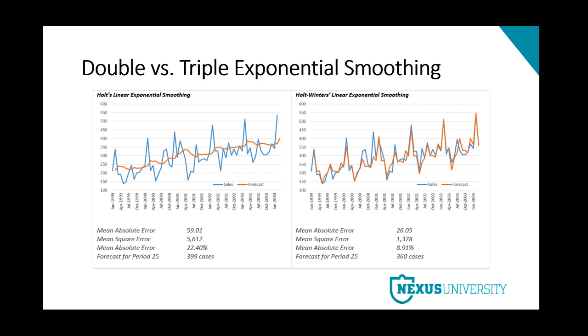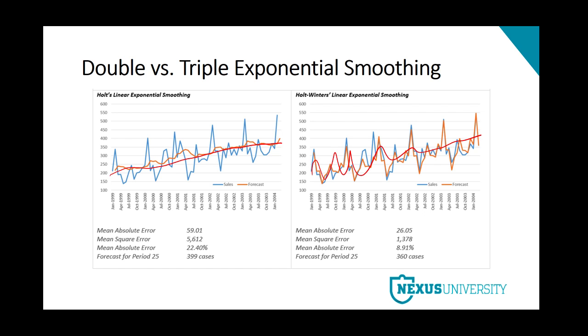This chart shows a comparison between the double and triple exponential smoothing methods, in this case applied to the Beer problem. The reason we have chosen the Beer problem is because we have a longer database, and in order to apply the Holt-Winters method, we need more data points than we had in the diaper problem. We can see that the triple exponential smoothing method takes a closer look at seasonality and in fact projects seasonality quite reliably here.